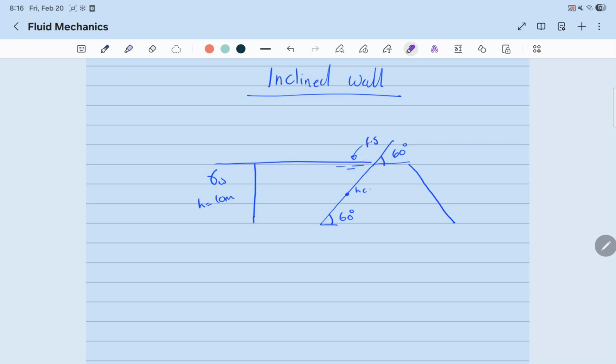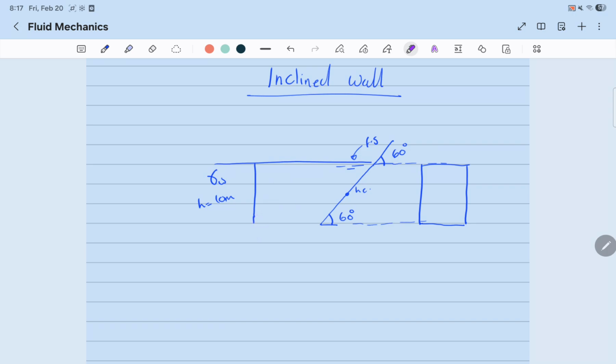Okay, now this here is the side view of the wall. The front view looks something like this, which is similar to the vertical wall, except that it's tilted at an inclined angle. It's a rectangle that's tilted. That's the front view, looking at it from inside.